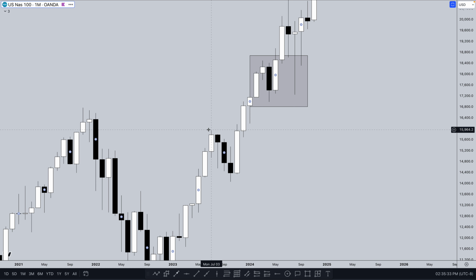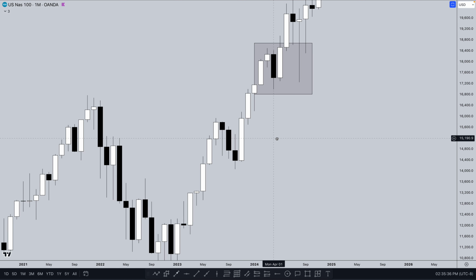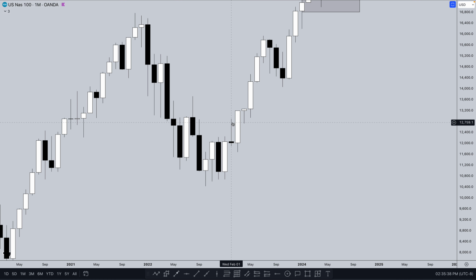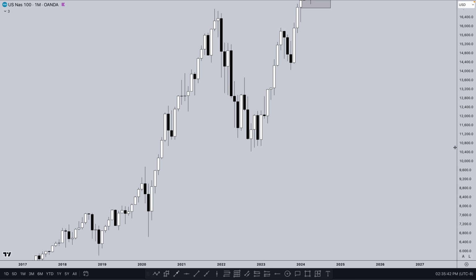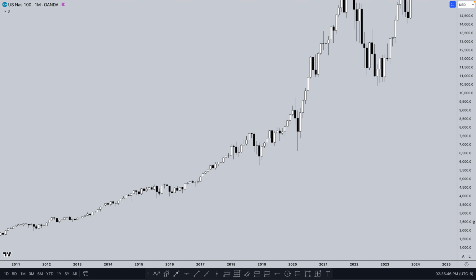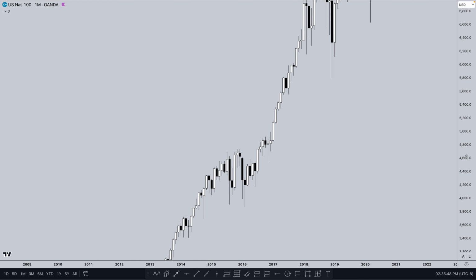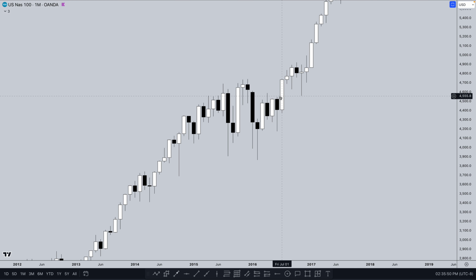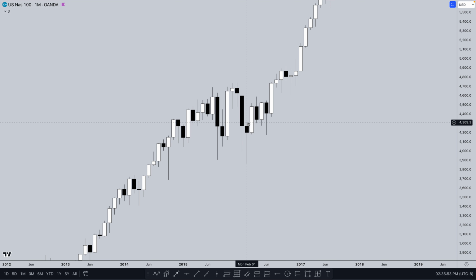All right, the last down candle before the break. Let's see. This one here. These are my favorite because they just look the most clean. This last down candle here before the move up. This one here before the move up.